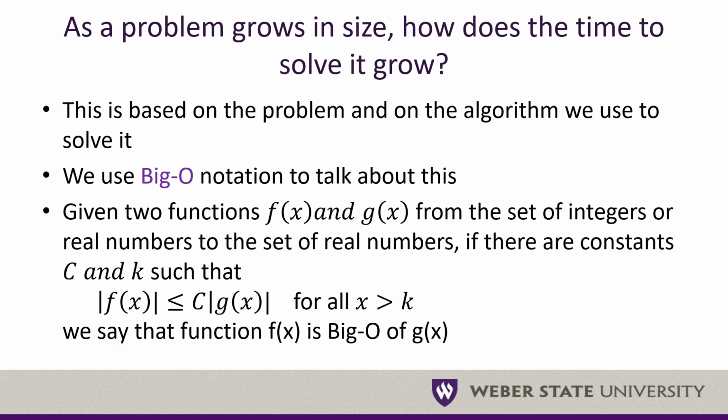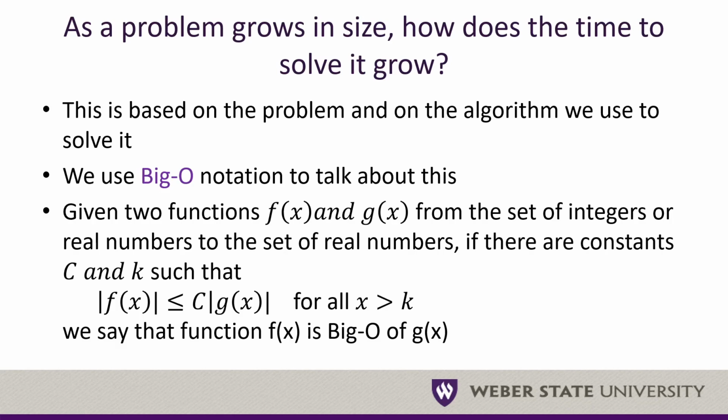If I have a function f of x that could be measured in terms of, for example, if I have 10 items, I would measure the time. If I have 100, I would measure the time. So my function could be determined by simply running it on a computer. That would be my f of x.